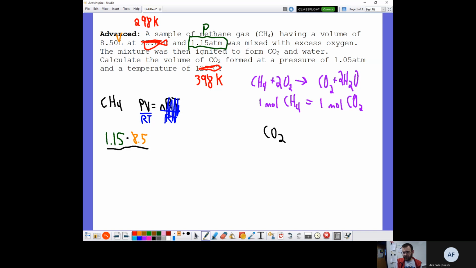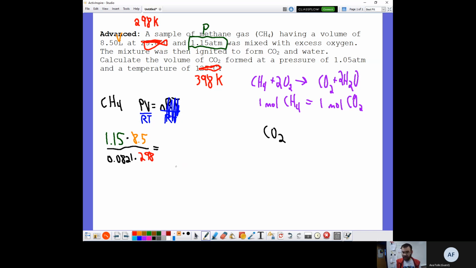All of this is going to be over my R, which is 0.0821, and my temperature, which I calculated earlier, as 298. So this here is going to give us our moles of methane.